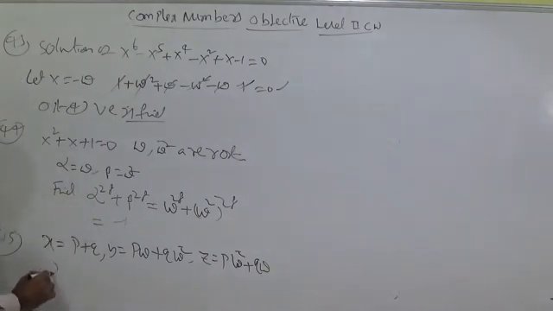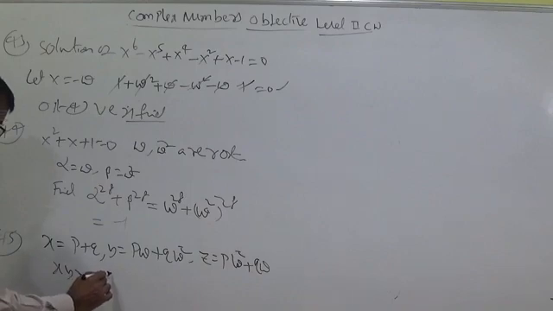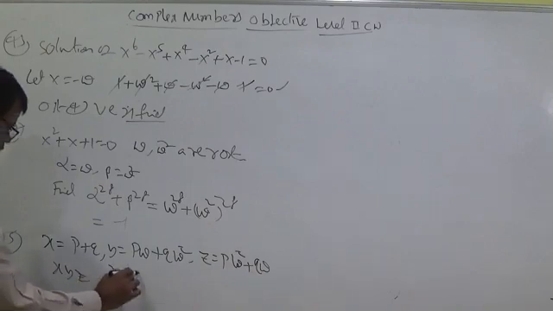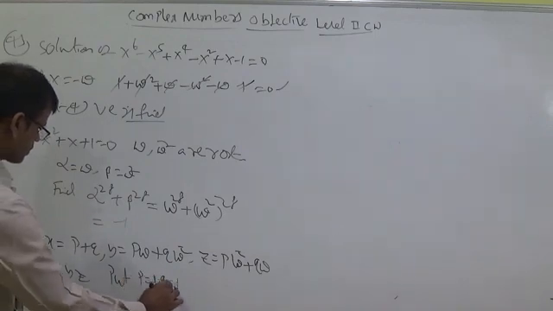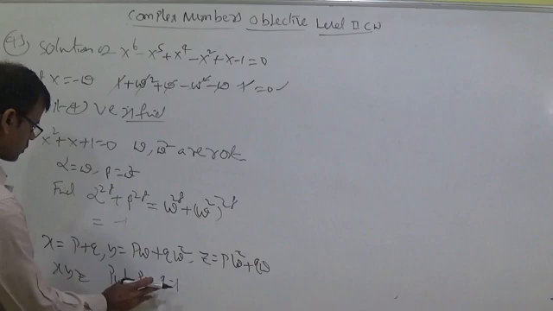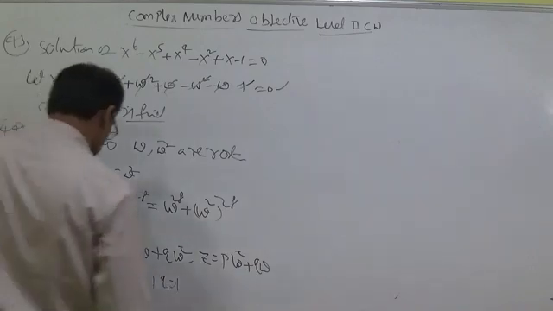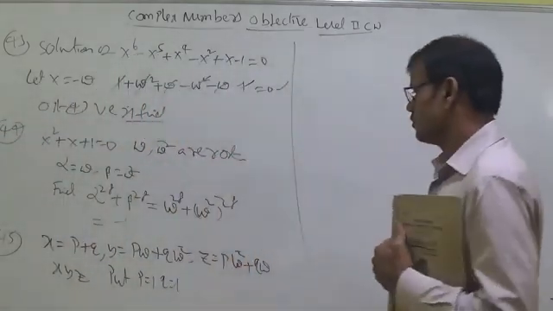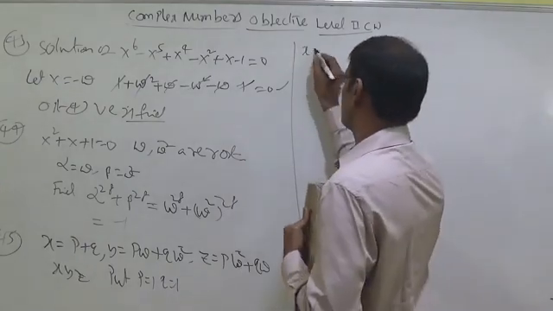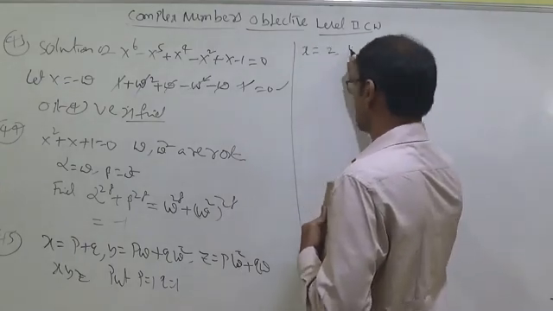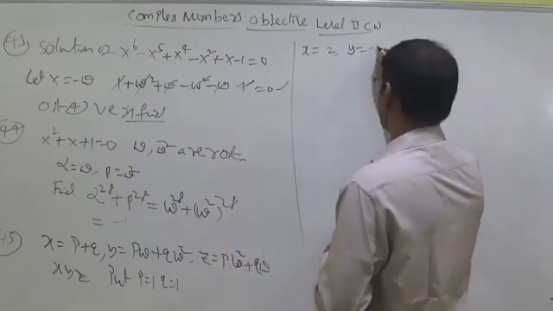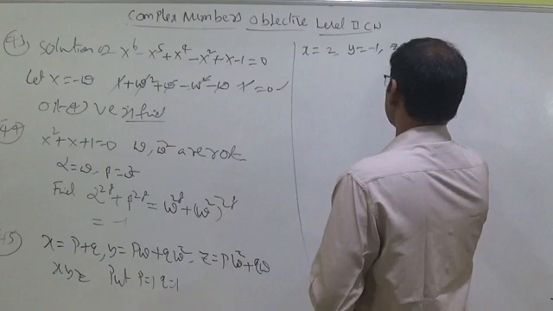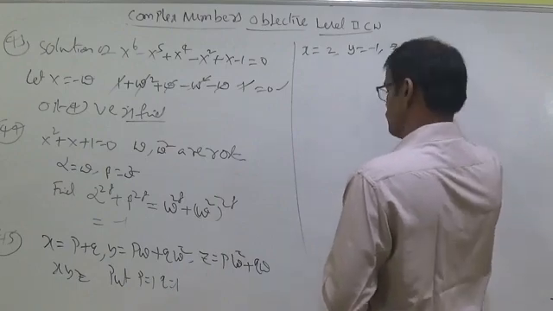Then what is the product of x, y, z? So I am giving a shortcut. Put p is equal to 1, q is equal to 1. Without the shortcut you will get a lengthy sum. Therefore x is equal to 2. y is equal to omega plus omega square, which becomes minus 1, and z is also minus 1.